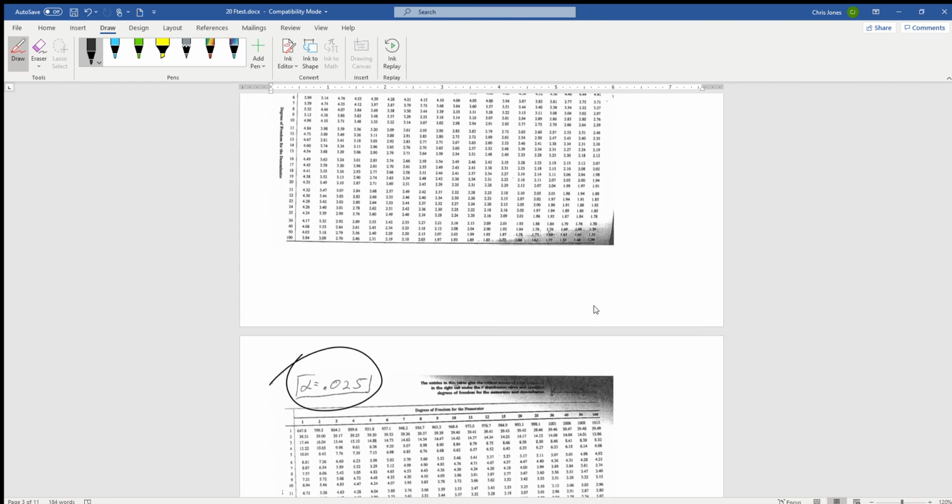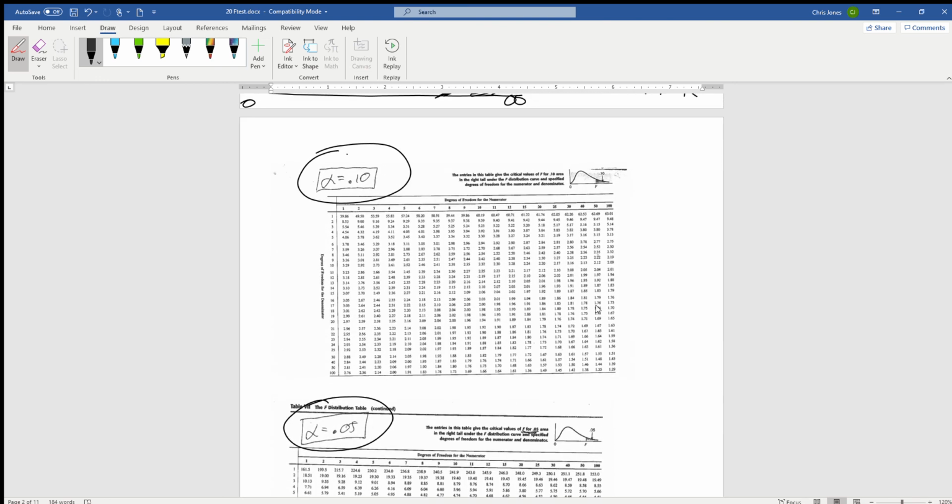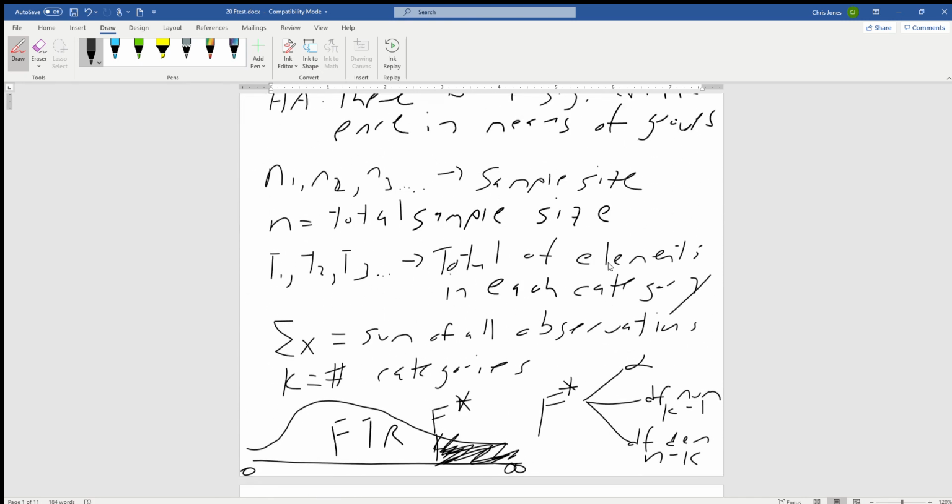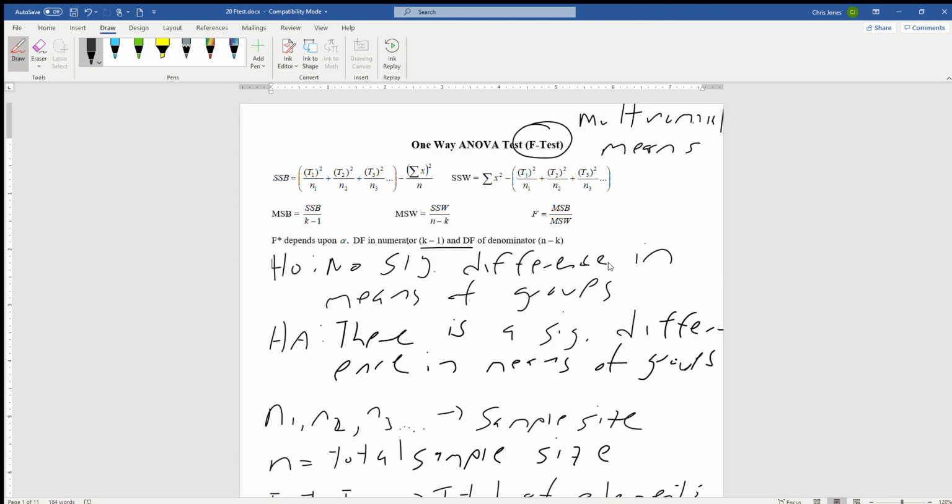Then the degrees of freedom in the numerator are going to be each of the rows, and the degrees of freedom in the denominator are going to be each of the columns. So the table's a little bit more difficult than the other tables to use, although it's still not too difficult. To get the test value, you're basically going to use 5 steps.